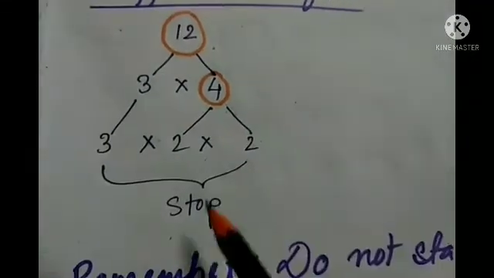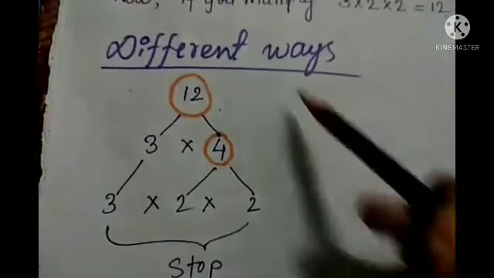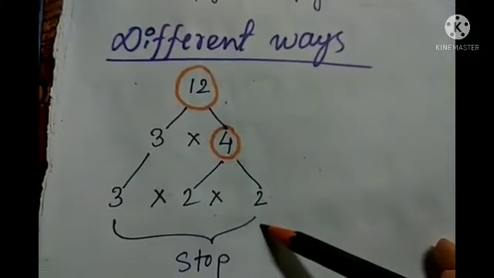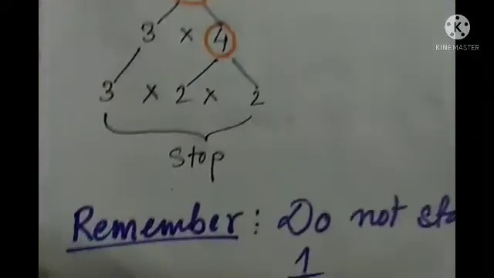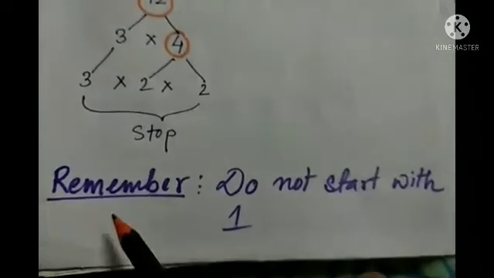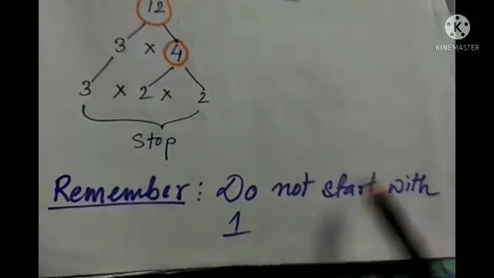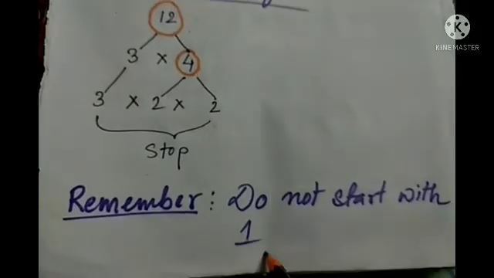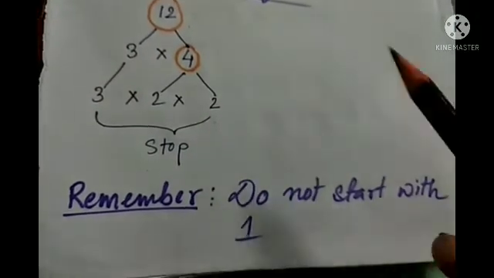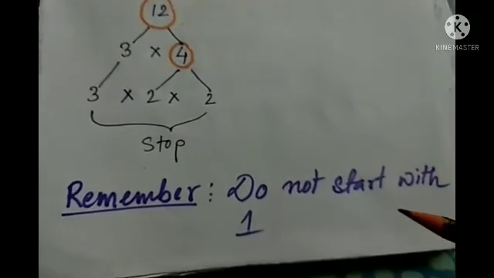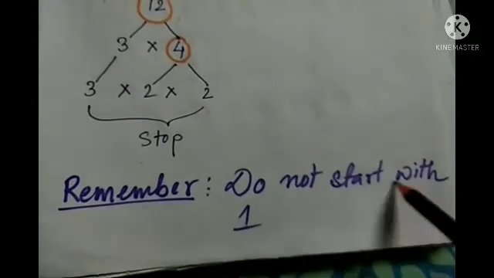So here we have to stop and our factor tree is ready. One more point I have written: remember, do not start with 1. And also we have to stop at the point when we need to use 1 as a factor. So this point you have to remember.